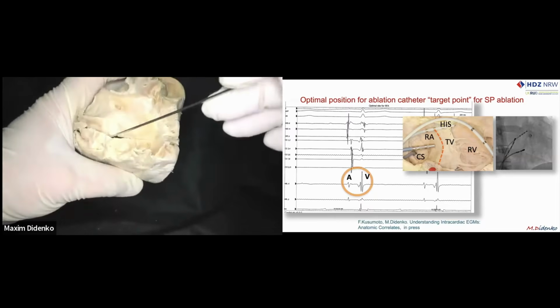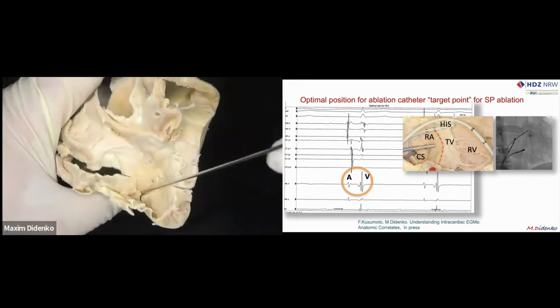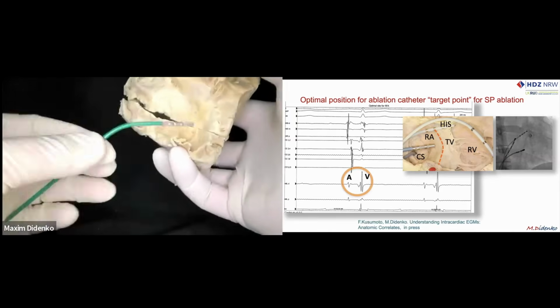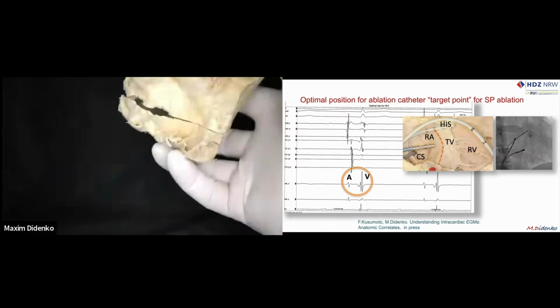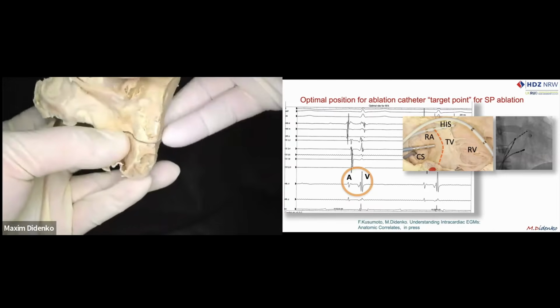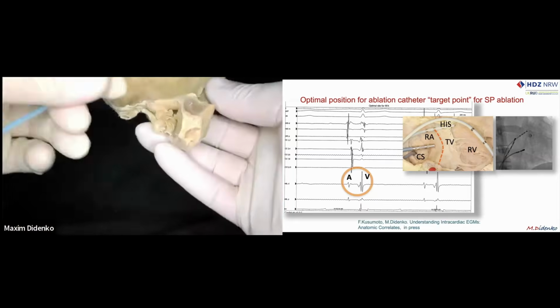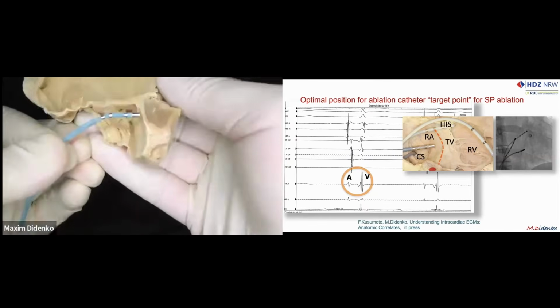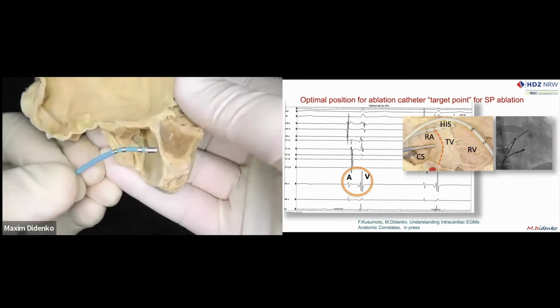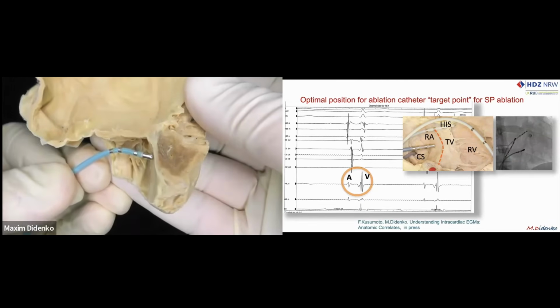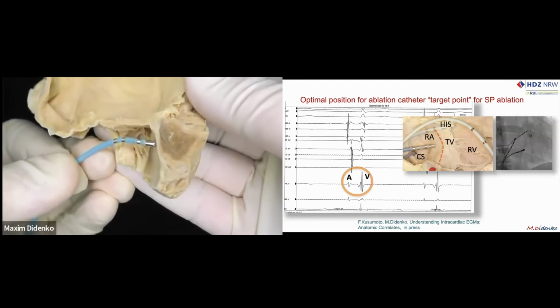This is the fossa ovalis here, the coronary sinus, the tricuspid valve. And again, this is our area where we ablate the slow pathways. Then I open this area here, and what we can see, again, I placed our catheter here, we can see the atrium tissue just above the ventricle tissue, the ventricle septum, in this area.